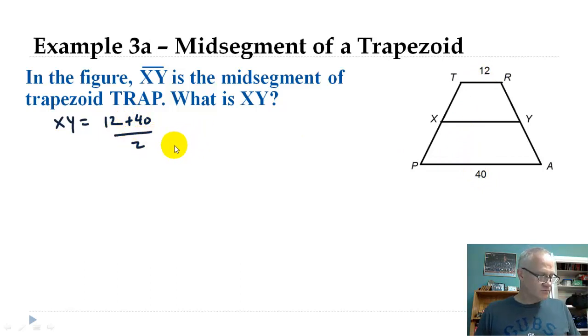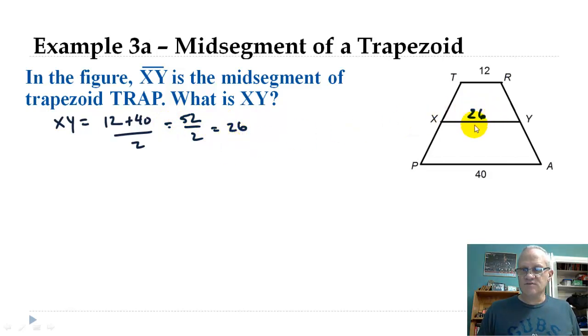So 12 plus 40 is 52, divided by 2, so 26. So this distance here is 26. Okay, pretty easy, right?